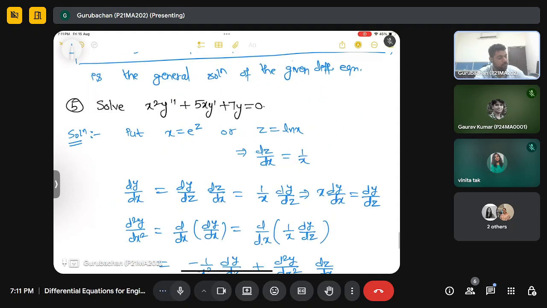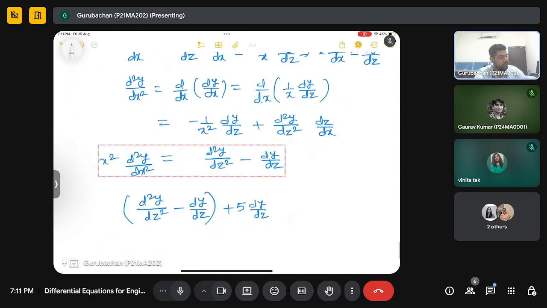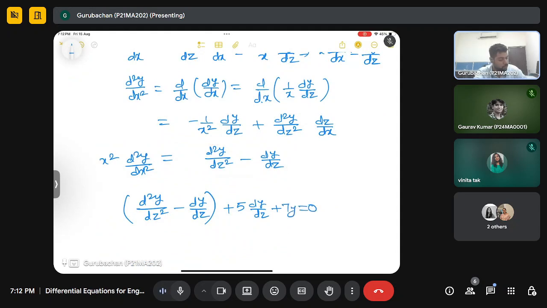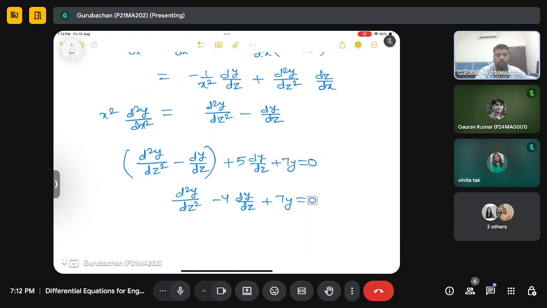This is our first term, plus 5 times dy by dz plus 7 times y equal to 0. So if you solve it, you will get d2y by dz square plus 4 dy by dz plus 7y equal to 0. So this is your differential equation with respect to the independent variable z.